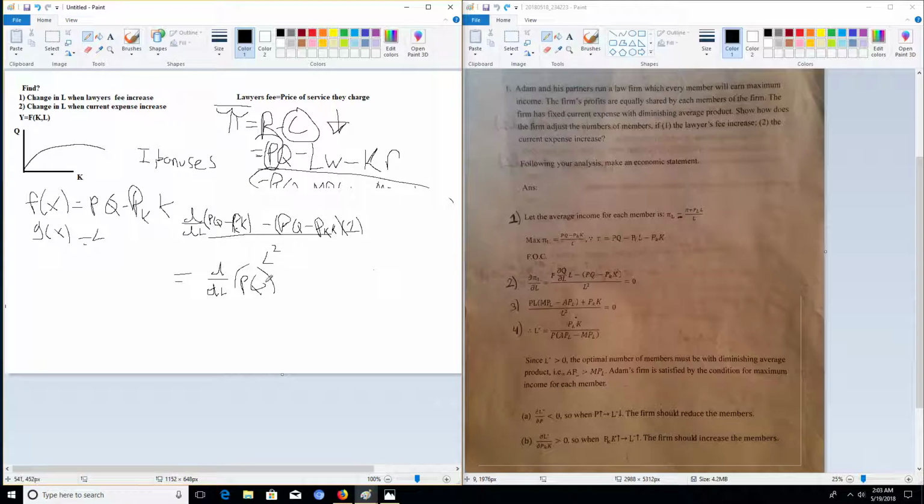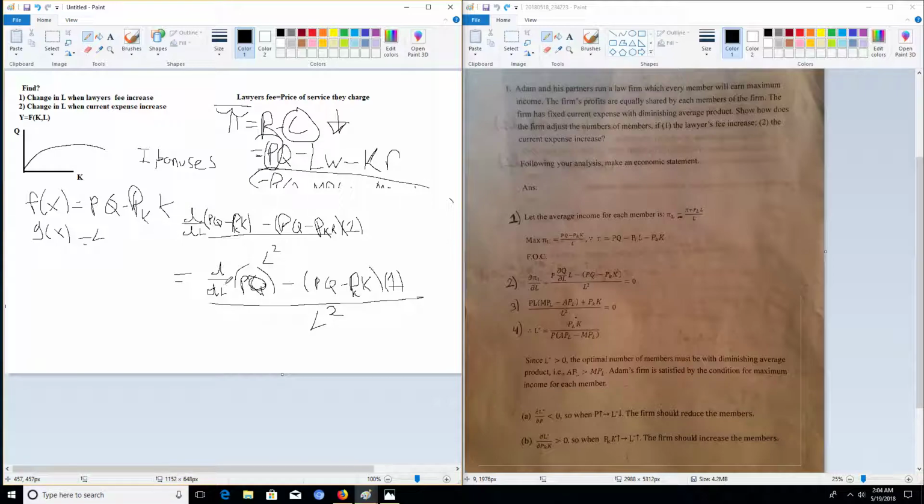That's 0, so I'm not going to write that in. That would be minus 0, but no point in putting that down. Minus PQ minus P sub K times K. Remember the 1 is there, times 1, I'll just put it in this time. After that, I'll just get rid of it. L squared. Remember, the denominator squared.